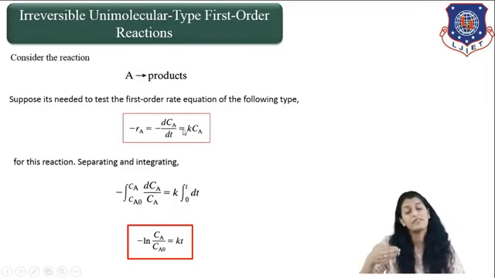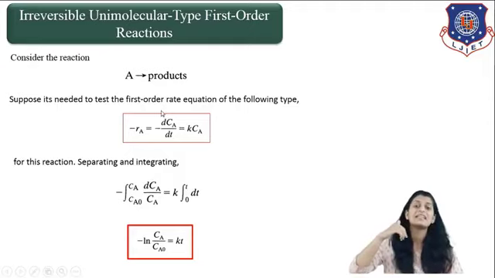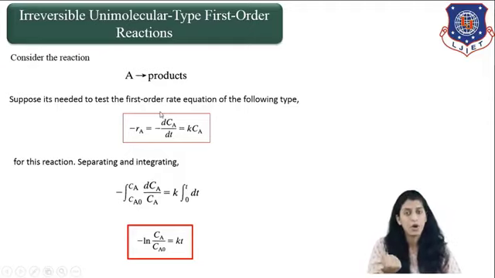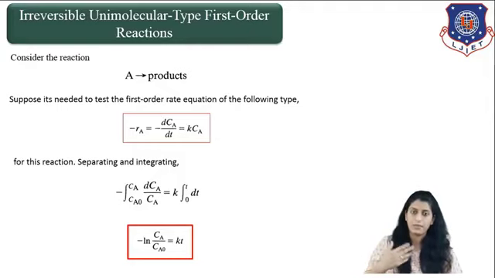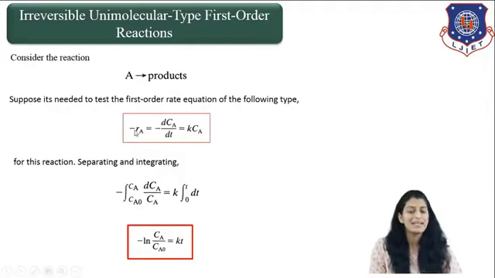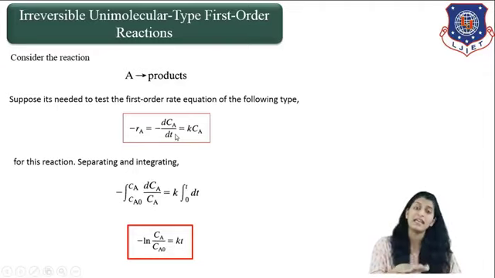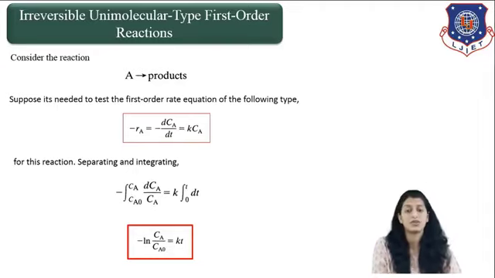How your concentration is changing with respect to time is why it is written as dCA by dt. It is the change in concentration of reactant A with respect to time, right? So, minus rA equals minus dCA by dt, which again equals rate constant k into CA, the concentration of A, right?